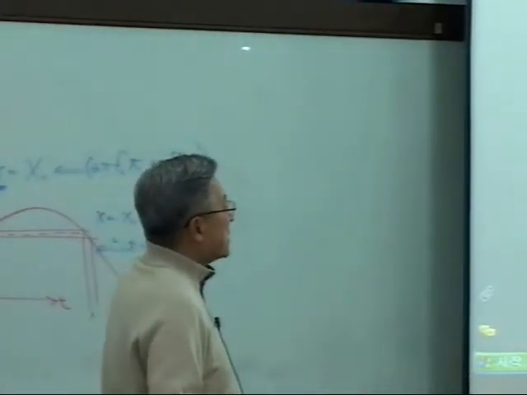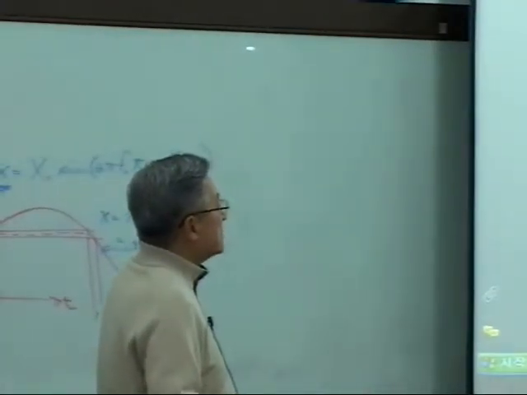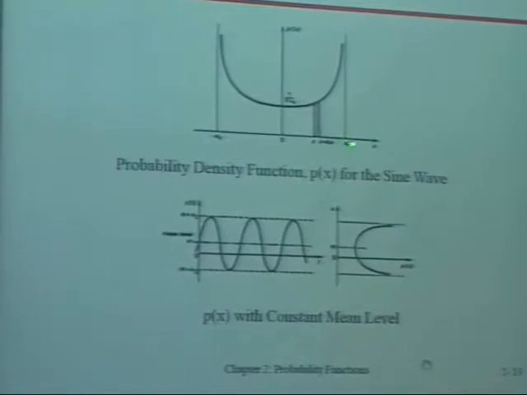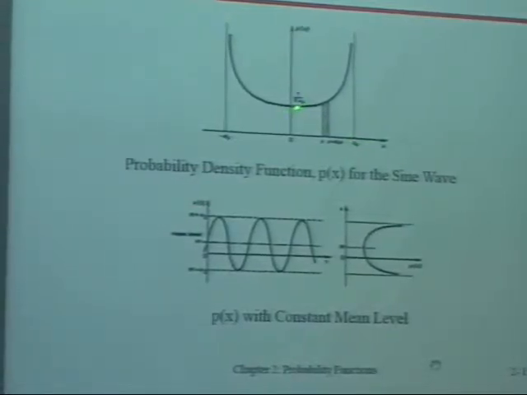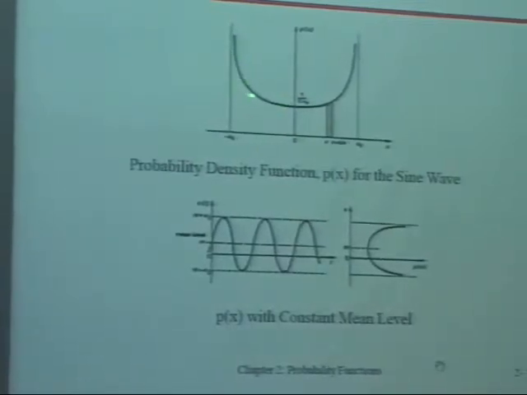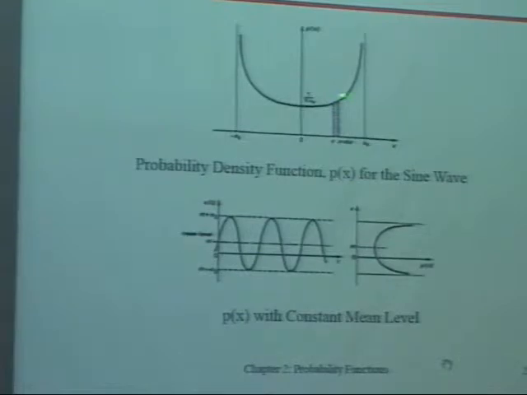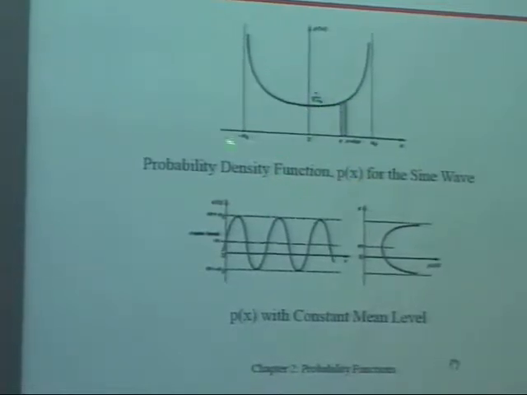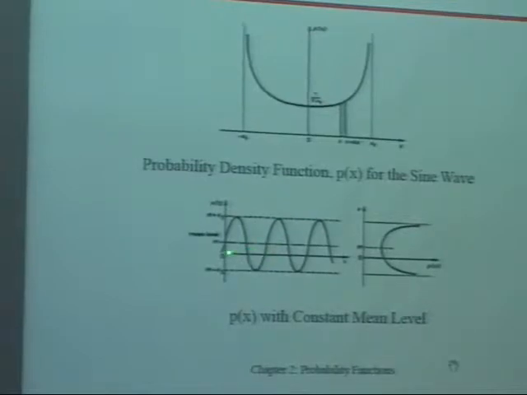If you set x equal to 0, then it has a limit, from minus x naught to x naught. The lowest point is 1 over pi x naught. In this case the mean value is equal to 0.